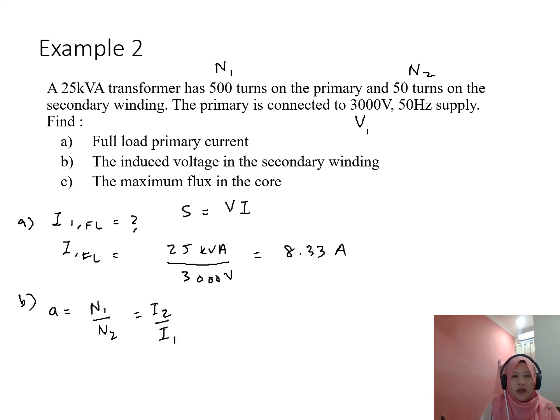Straightforwardly, we can calculate I2, which is equal to 500 multiplied with 8.33 divided by 50 turns. So this is equal to 83.3 amp, and therefore we can calculate for the voltage.